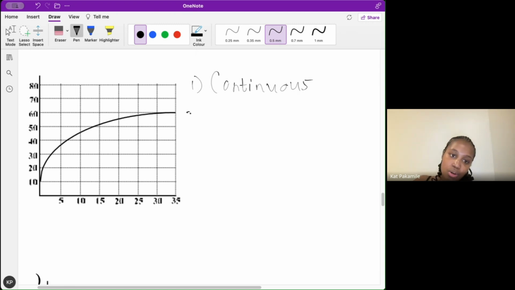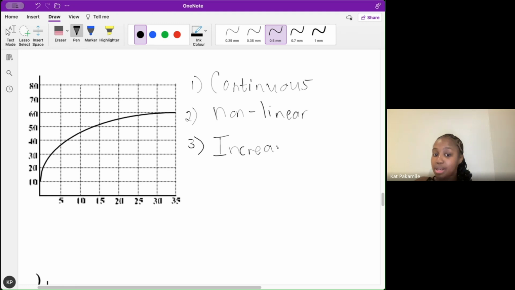Do we have linear or non-linear? Nice. This is non-linear. Great. Third one, is it increasing or decreasing? Nice. Mavis, this is increasing. It looks strange, but it is increasing.